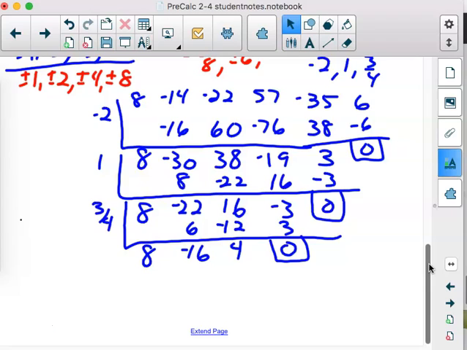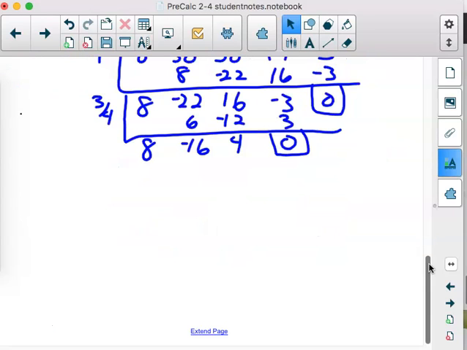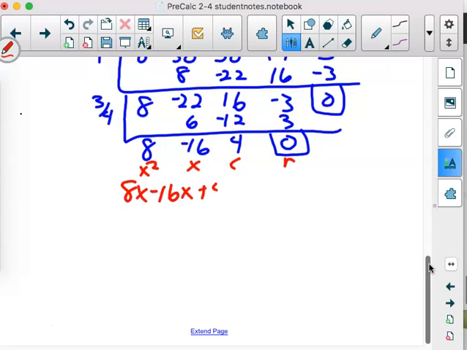Well, let's finish this little doggy up. Remainder constant x squared. Greatest common monomial factor. We can take a 4 out of this. So now we have 2x squared minus 4x plus 1.